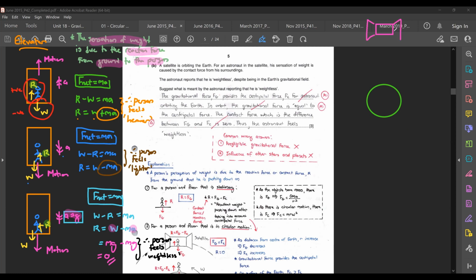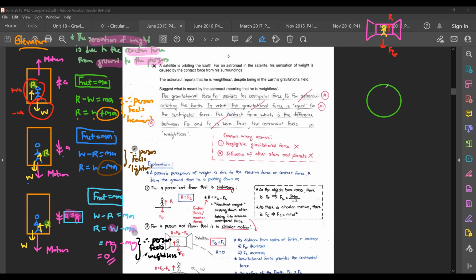So you have a satellite here, and you have a person standing inside the satellite. So by right, there is the pull of gravity acting on that person, trying to pull him towards the Earth. This is your gravitational force. So as the person is being pulled towards the Earth, he will actually push against the floor of your satellite, thereby causing a reaction force acting up on the person. So you have R here.